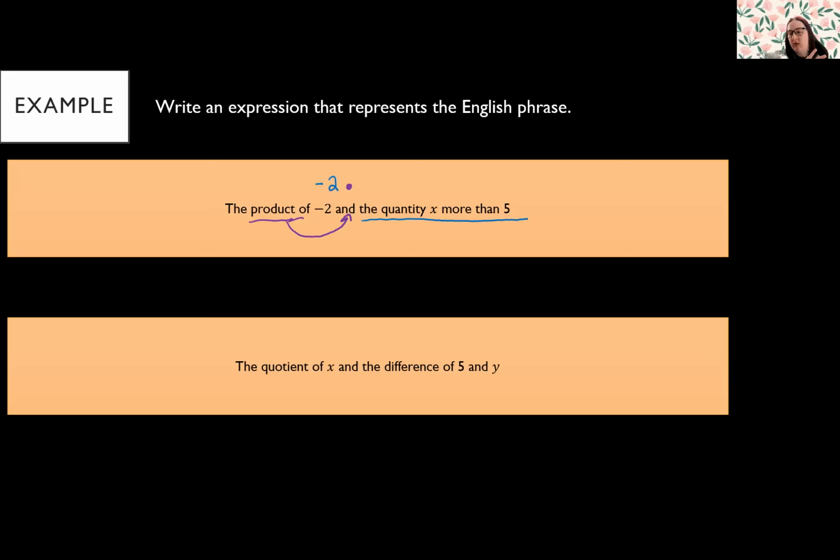Since there are lots of things going on there, this is where we're going to have parentheses, because everything after the "and" is part of that multiplication. So we've got the product of -2, which tells us multiplication where the "and" is. We've got -2 in front of there, and after the "and," that's all grouped together in parentheses. Then we need to translate the quantity x more than 5.